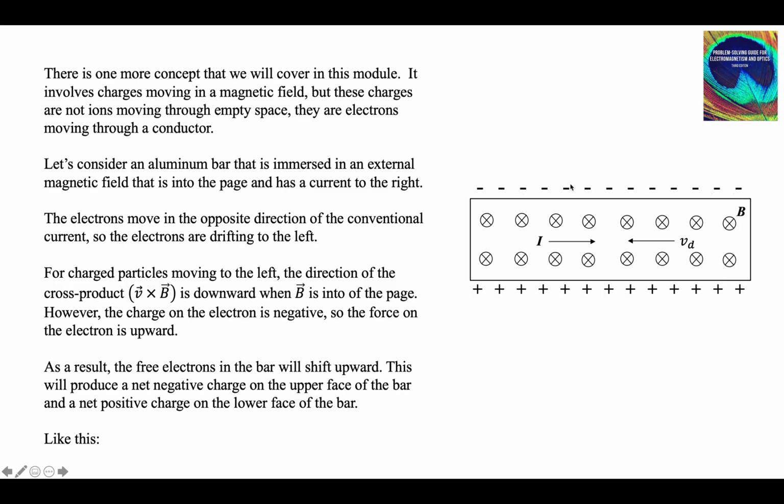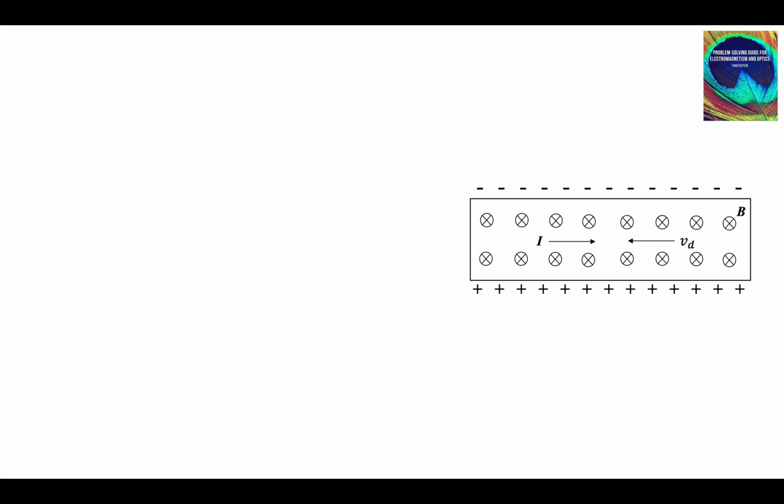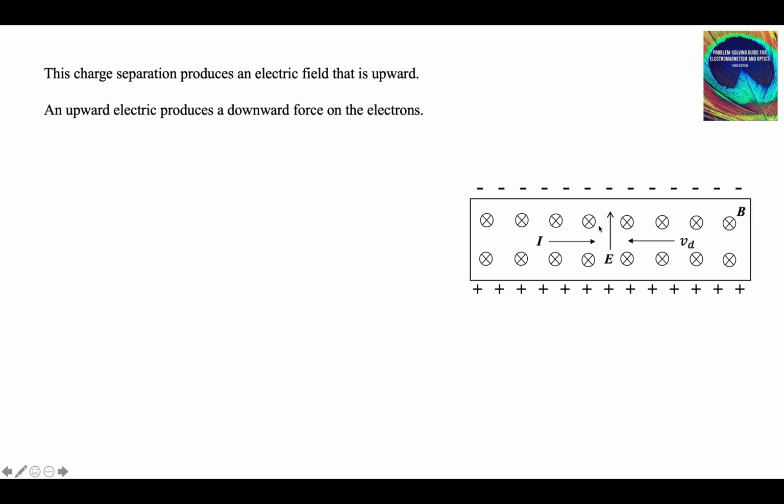This is something like a capacitor, and it makes an electric field. It produces a vertical electric field when a current's moving in a wire. So the electric field is upward, the direction a positive charge would go. So there's the electric field, upward. An upward electric field produces a downward force on the electrons.